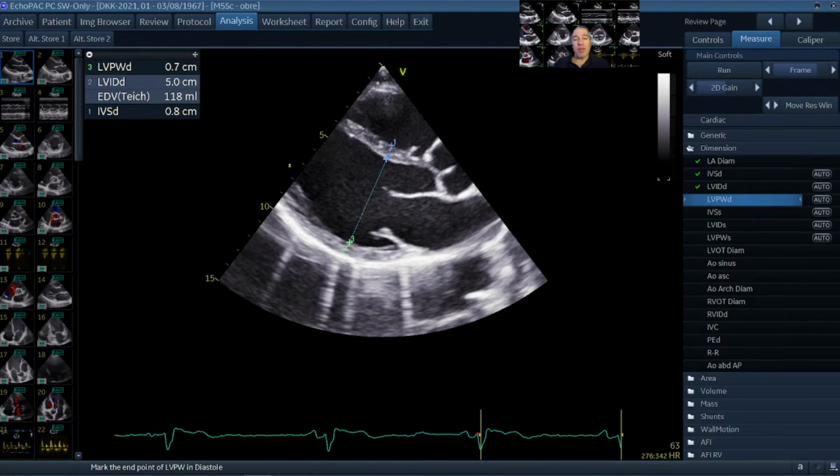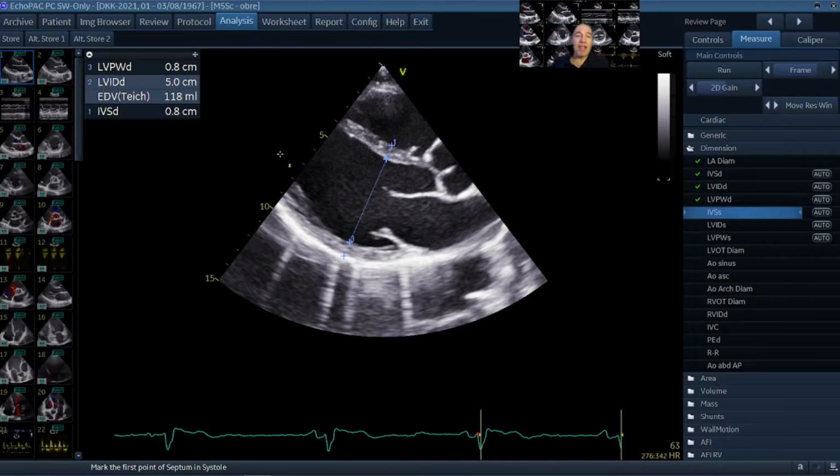Now we are also measuring the thickness of the inferolateral wall, formerly the posterior wall, as I learned it in my early training years. This also shows no sign of hypertrophy.